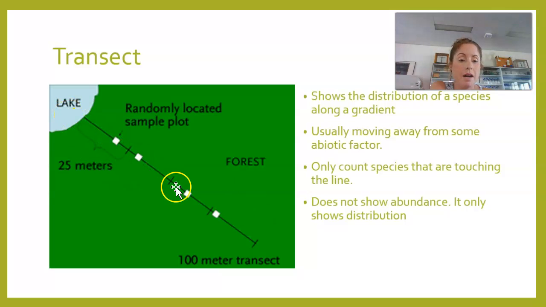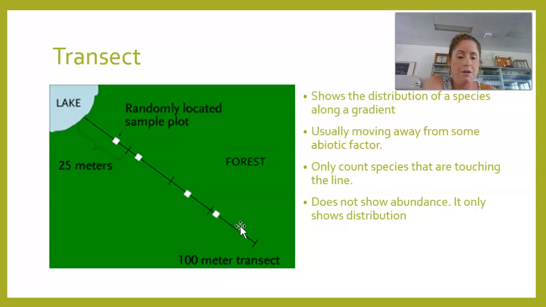You could also do systematic sampling, which is often done along a transect, because you're really trying to figure out how it changes as it moves away from the water or this lake, for example how the tree species change as they move away. We might see that there are no trees closer to this lake, and then as we move out, the trees get bigger and bigger and bigger.